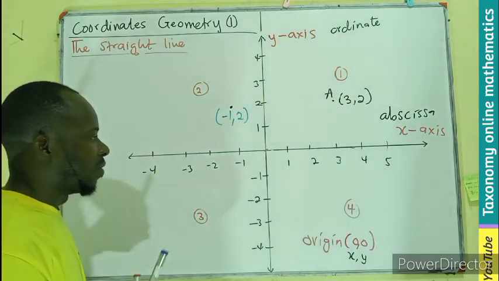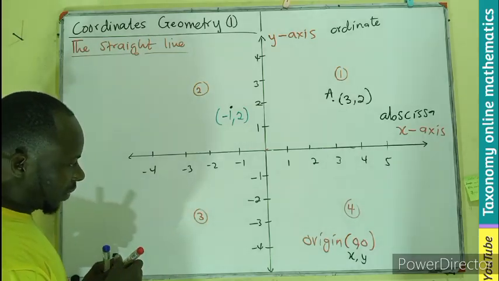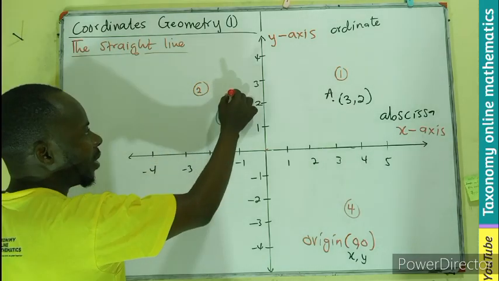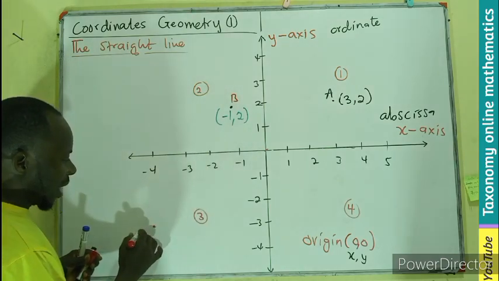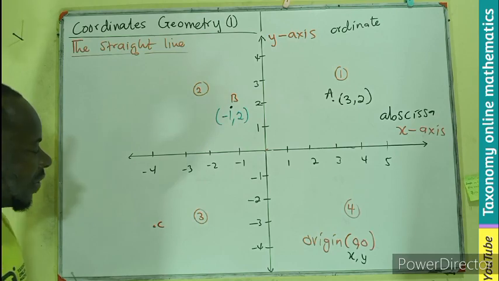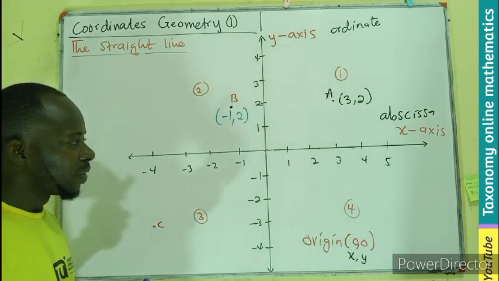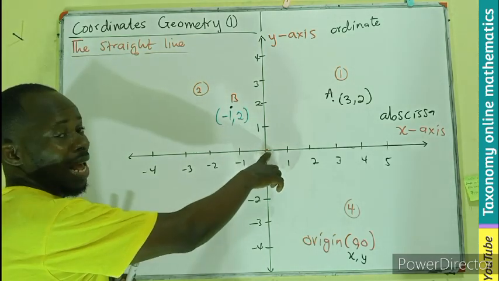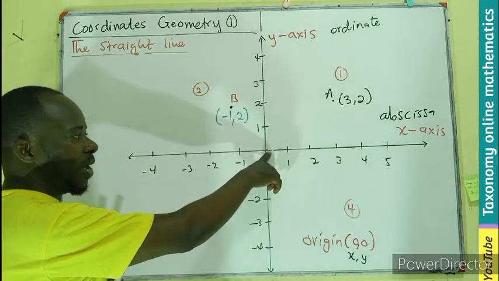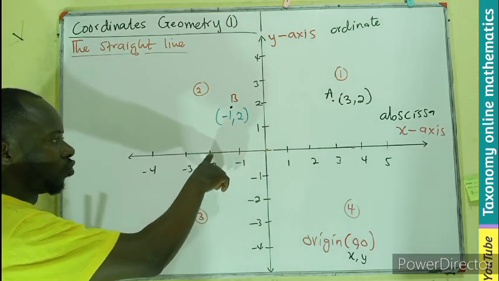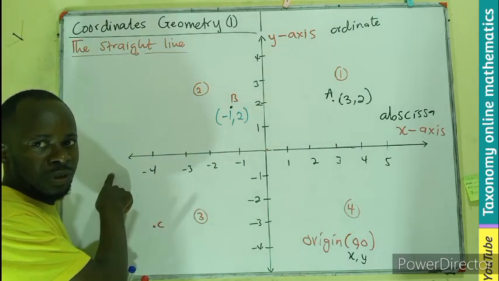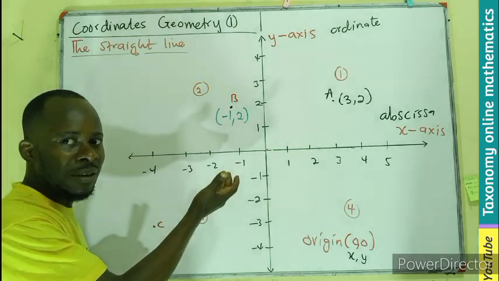Let's take the third quadrant. Let me pick a point somewhere here. Let me label here point B, and this becomes point C, right? I want to locate the point C using the coordinate, meaning I am taking the origin as the reference point. So I am moving how many spaces? 1, 2, 3, 4. 4 units to the left. You see that I am not considering the negative side.